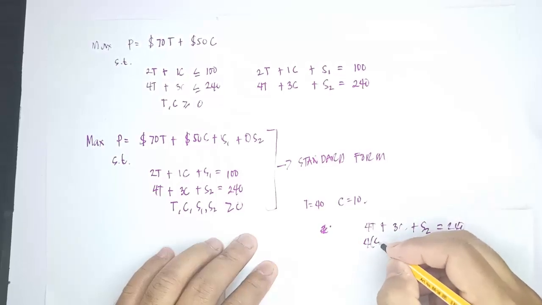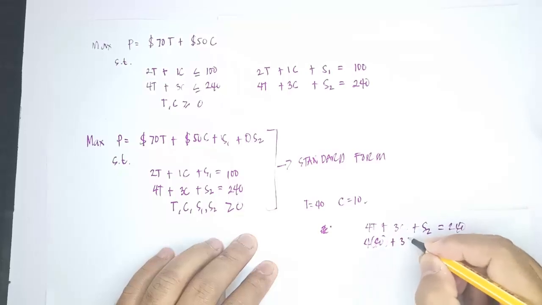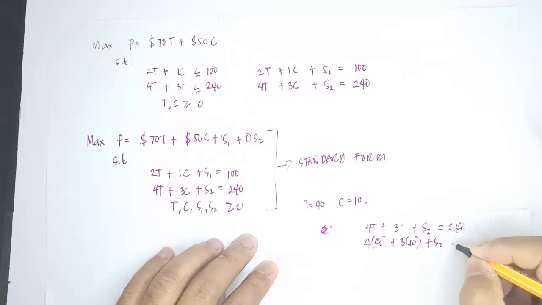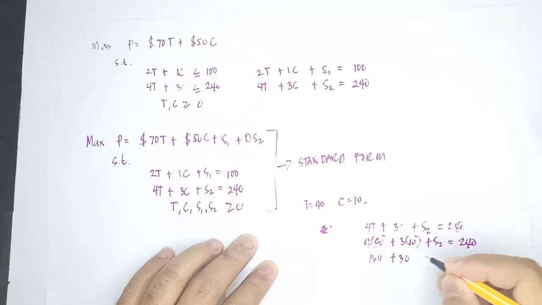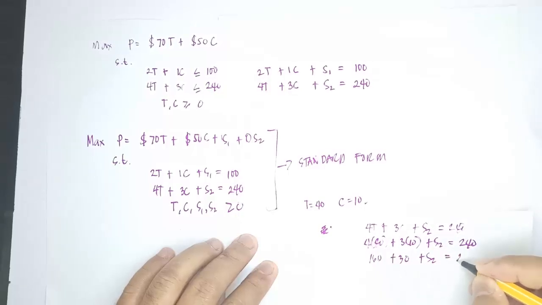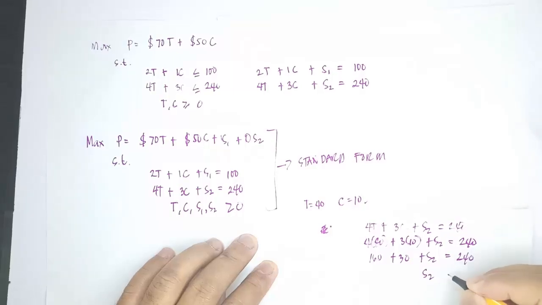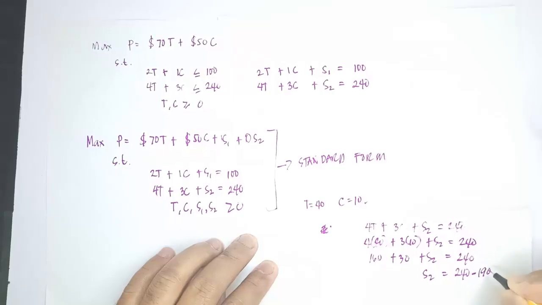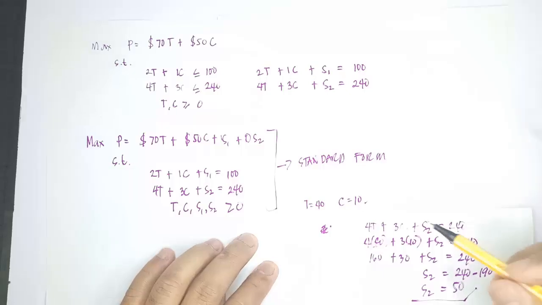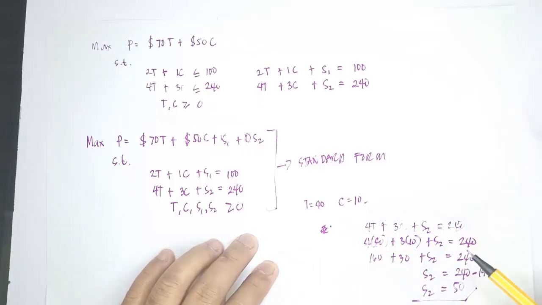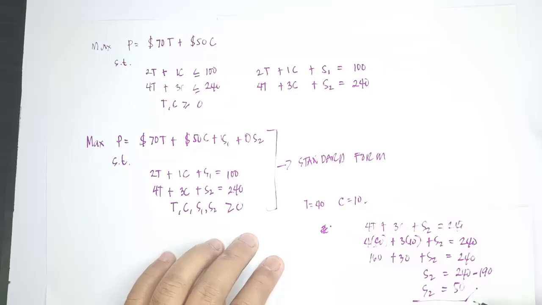If you are going to produce 40 tables and 10 chairs, 160 plus 30 plus S2 equals 240, then S2 is equal to 240 minus 190, or S2 is equal to 50. Same interpretation, if you're going to produce 40 tables and 10 chairs, there would be 50 hours of carpentry time unused.